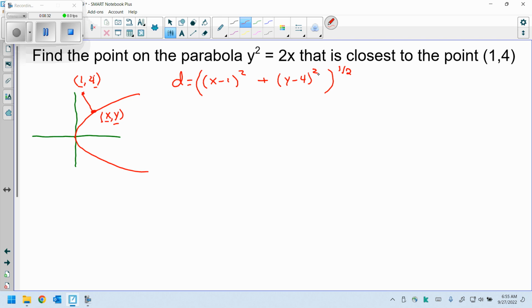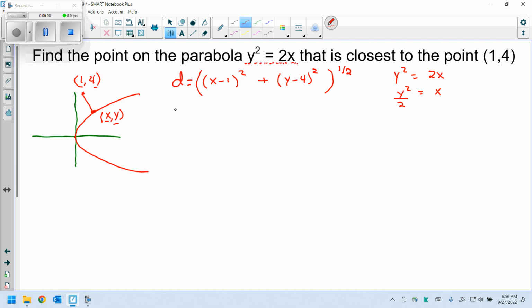Now, do I have a relationship that helps me get rid of one of these variables? This is the relationship I've been given. What is it easiest to solve for, x or y? That opinion may vary. But I think if y squared equals 2x, then it's pretty easy to say x is equal to y squared over 2.